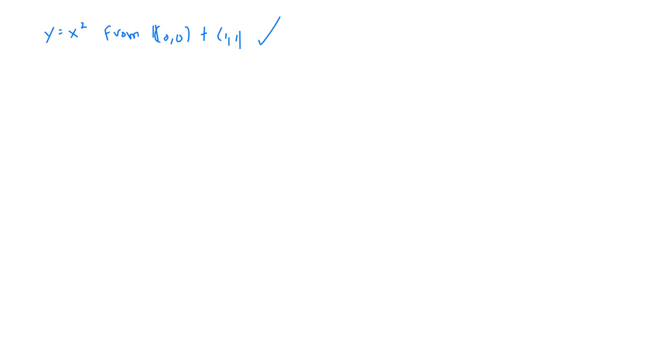But what would the equivalent parametric equations be that would give you this curve? For parametric equations, you need x equals a function of t and y equals a function of t. So what do you think good parametric equations would be here?